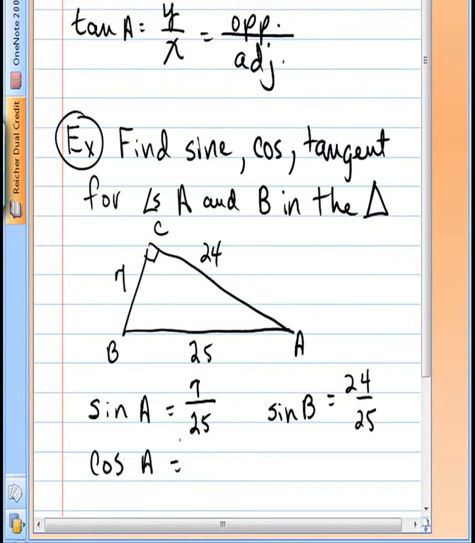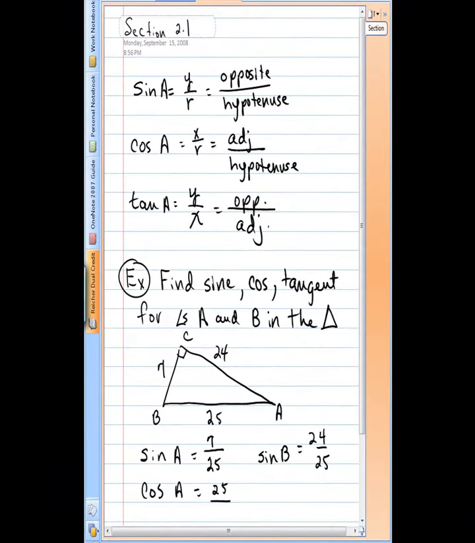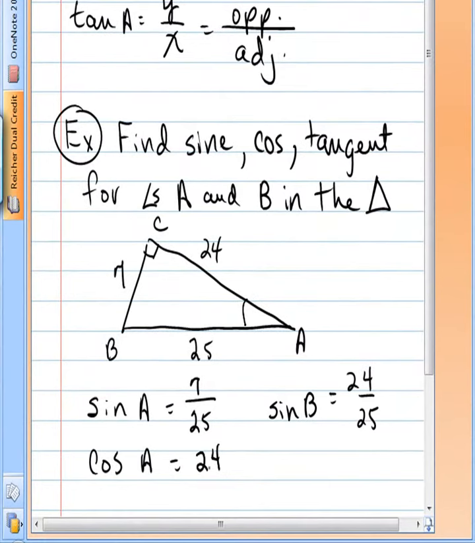Cosine A, if you were looking at A, the adjacent is 24 and the hypotenuse is 25. So we have 24 over 25.